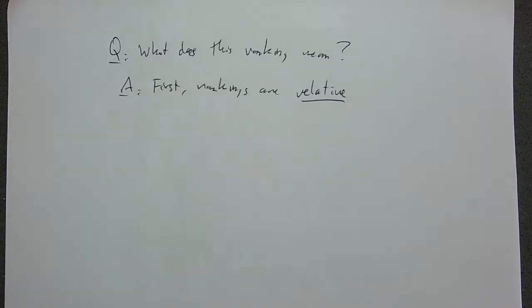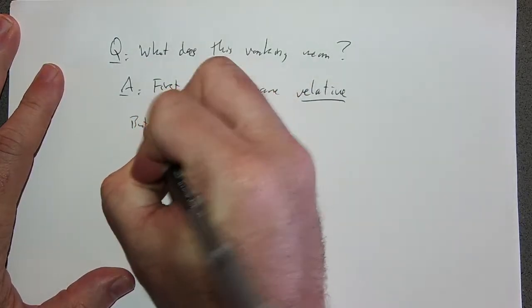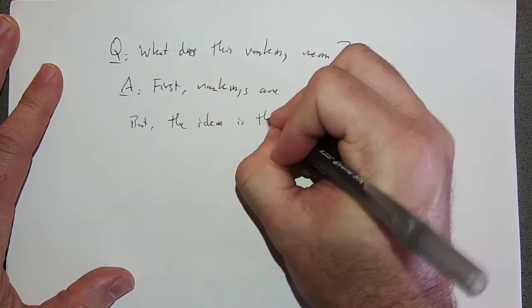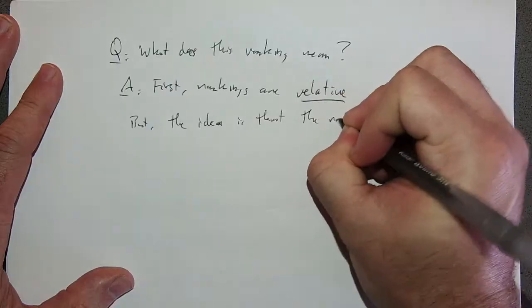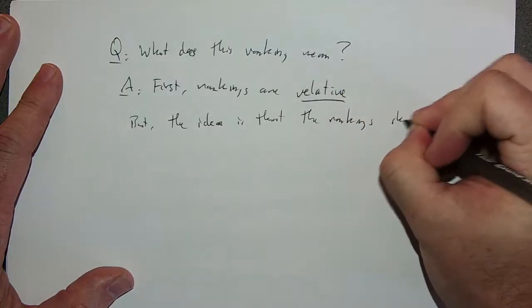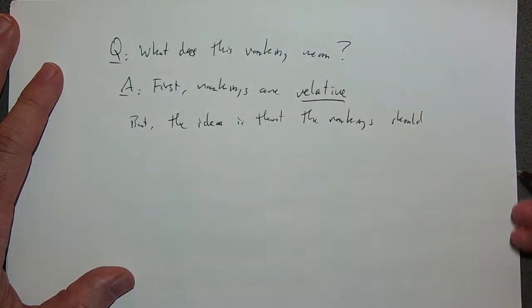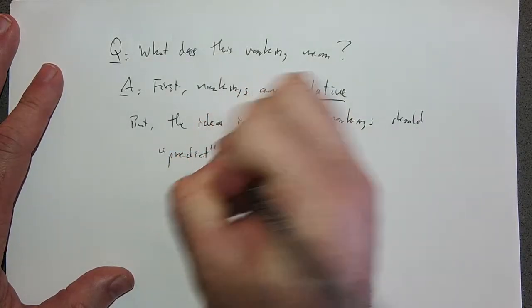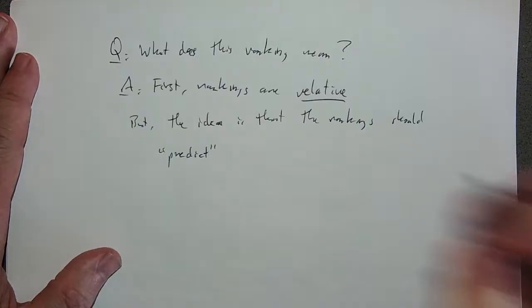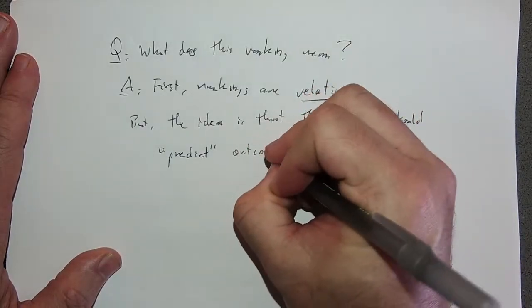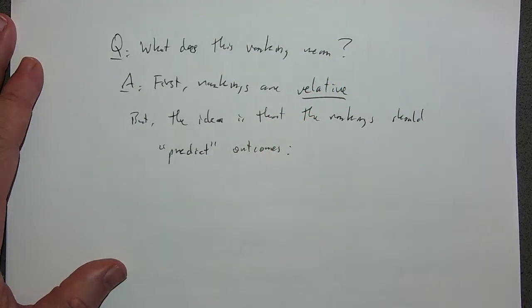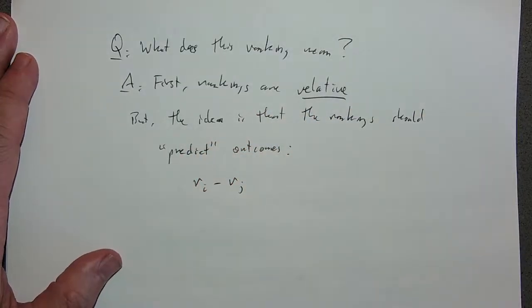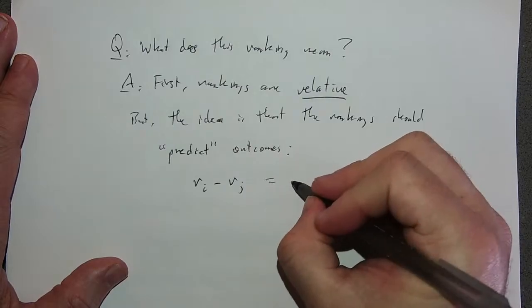But the idea is that the rankings should maybe determine is the wrong way to say it, should predict outcomes in the following way. What is R sub i minus R sub j as the rankings?